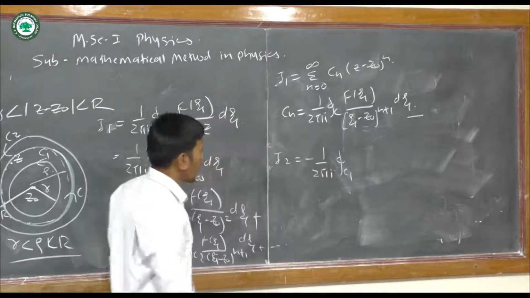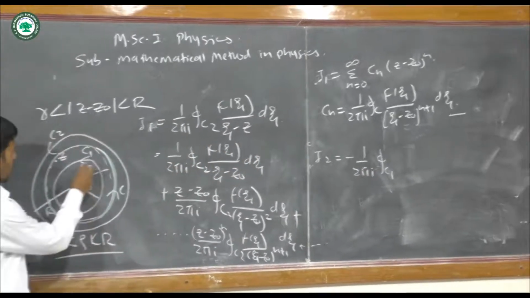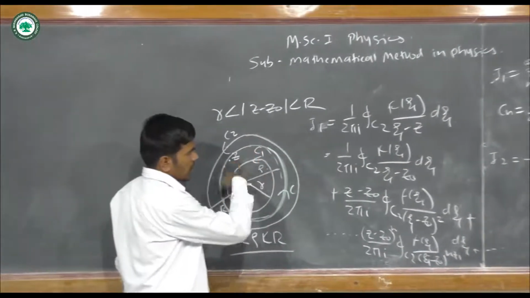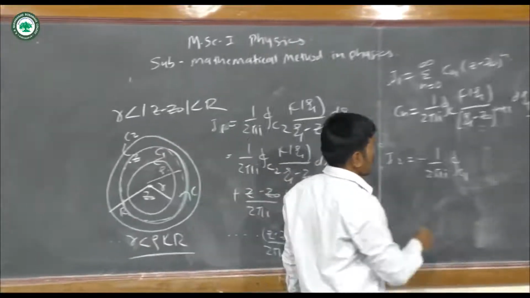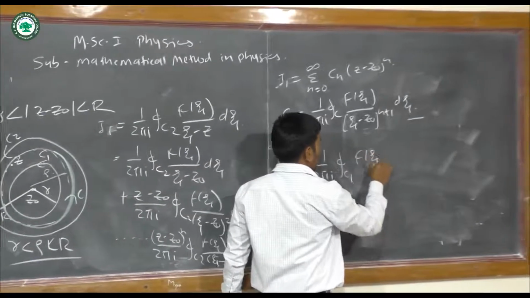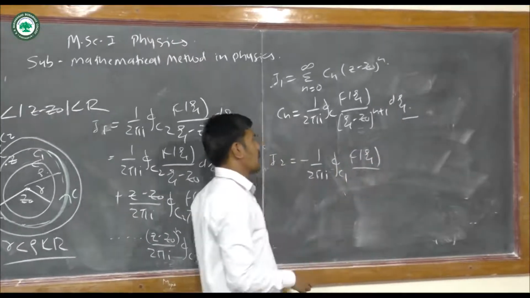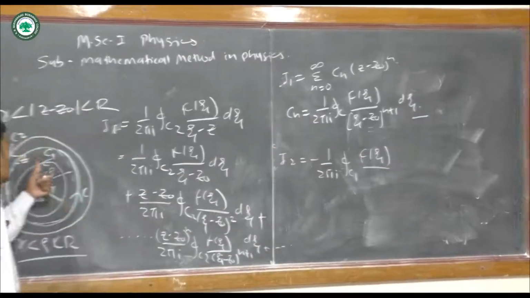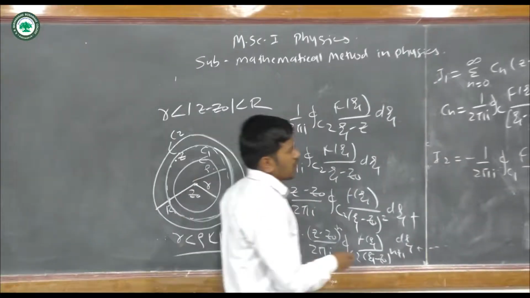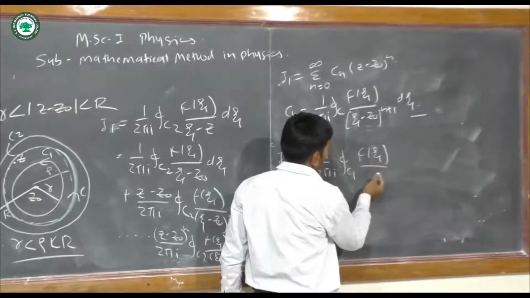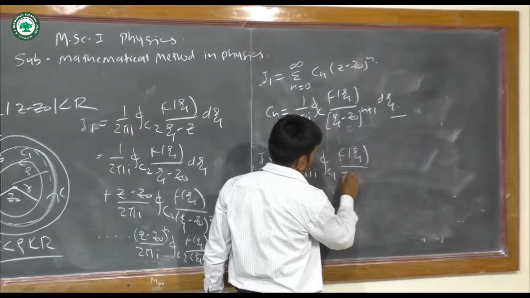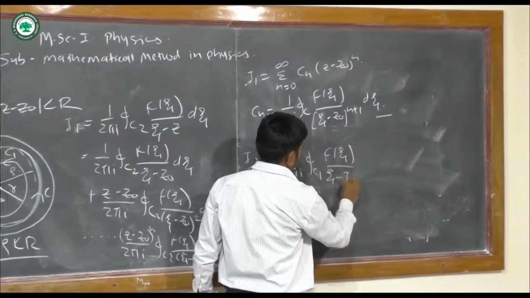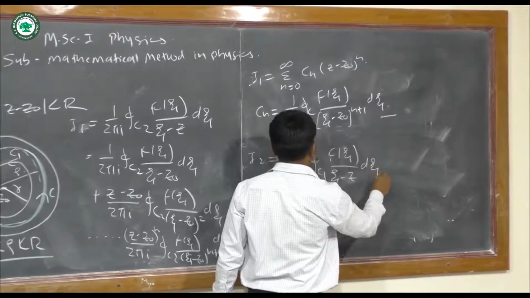Here the path is this path C1, so we integrate along this C1. So it is f of psi, now on this C1, f of psi divided by psi minus z, d psi.